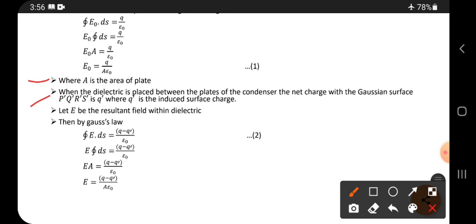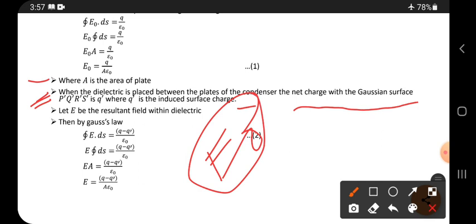Next, when the dielectric is placed between the plates of the condenser, the net charge within the Gaussian surface P dash Q dash R dash S dash is q minus q dash, where q dash is the induced charge. Induced charge means a charge which is produced by the application of an electric field.